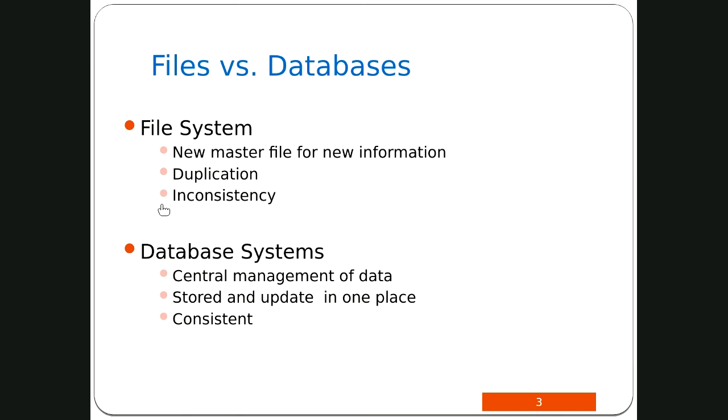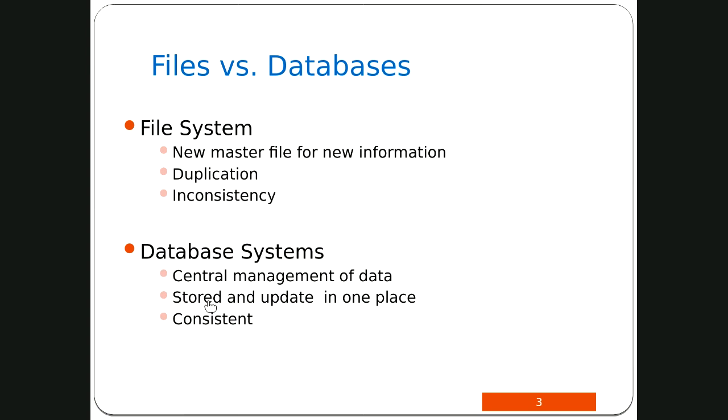But what we have now in most universities, and for sure at Qatar University, is the database system where the data is managed centrally. So if you want to change your personal email address, or your home address, or your home phone number, all you have to do is log in to MyQU and edit the information, and it will be updated.